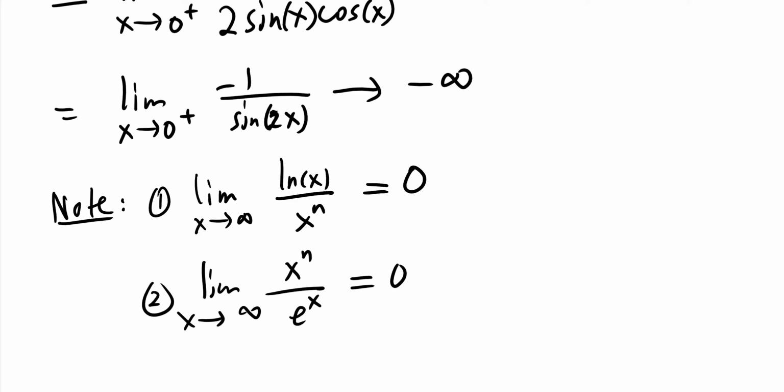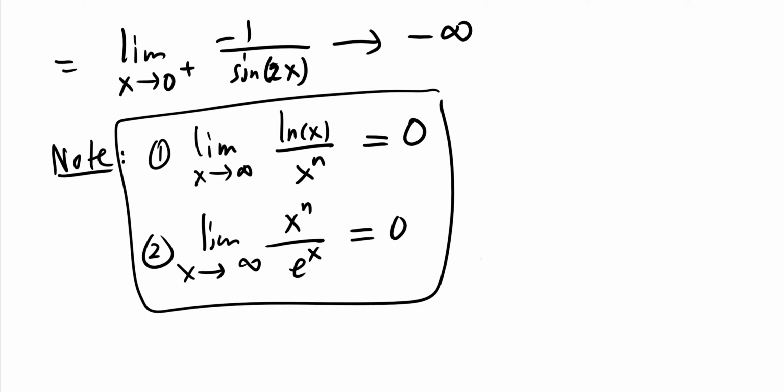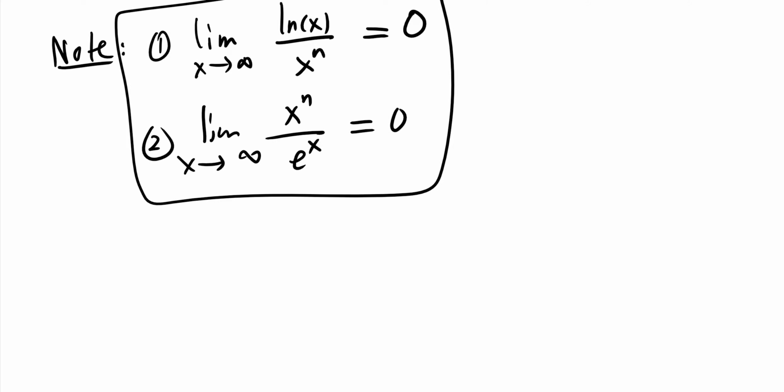And they can both be proven using L'Hopital's rule, but good to keep in mind. Now, so far we have been dealing with infinity over infinity and 0 over 0. Is that where L'Hopital can only work? The answer is yes. L'Hopital's rule only works if you have 0 over 0 or infinity over infinity, but not when we have different indeterminate forms.